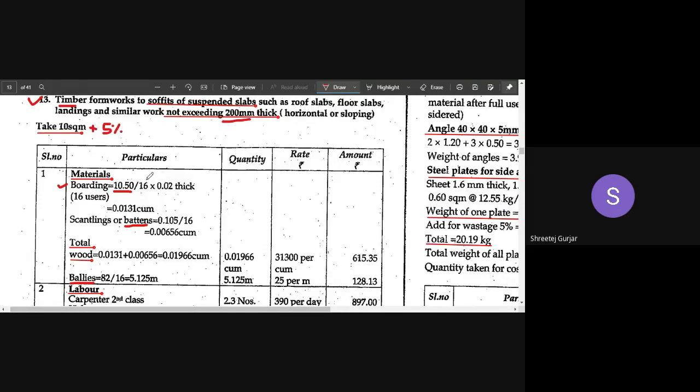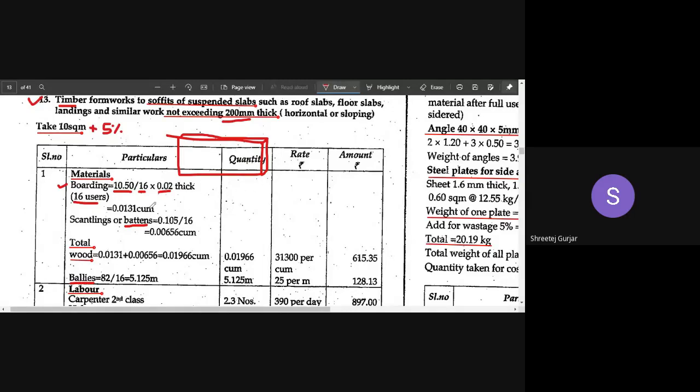Then divide by 16. Why have we divided by 16? Because it can be reused, it can be reused 16 times. Suppose this is your board, the wooden panel which we are using is 0.02 thick.